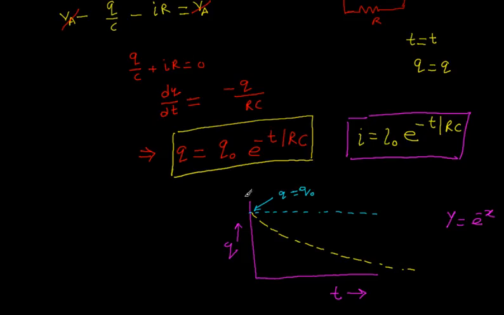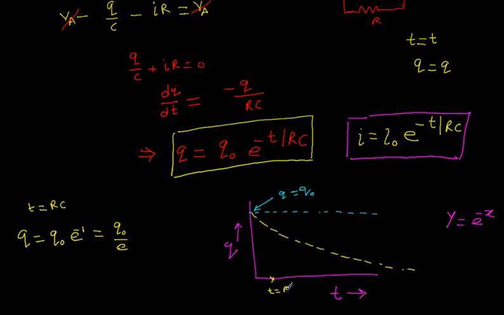Now, if you take an instance when t is equal to RC, what will happen at this time? Then q will be equal to q naught e to the power minus 1, which means q naught by e.